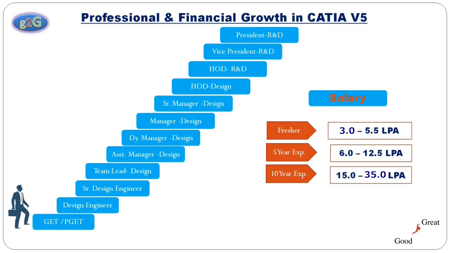If you get an experience of around 5 years, you can expect a salary of around 6 lakhs to 12.5 lakhs. After 10 years of experience, you can expect at least 15 lakh to around 25 lakh salary. All the salary depends on the skill sets that you have and the organization's salary band. Every organization has a decided salary band. They don't give less than that and they don't give beyond that.